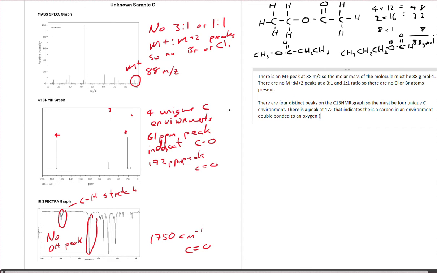Yeah, let's just put an example here. So it's this, right?